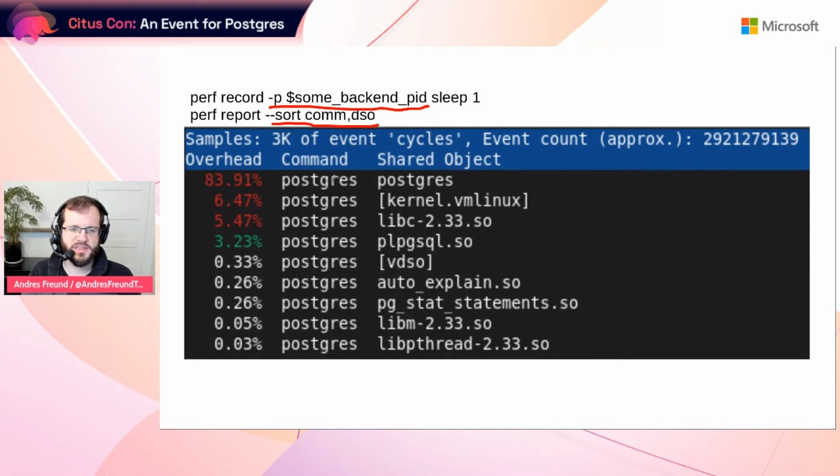And what we see here is that 83% of the time is spent in Postgres. That is pretty unsurprising because we are, after all, executing Postgres. But what is interesting is that we can here see all the extensions that Postgres is using separately.